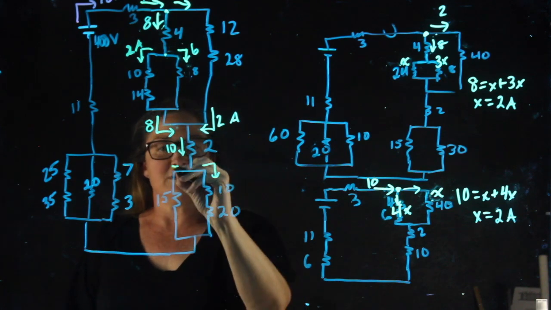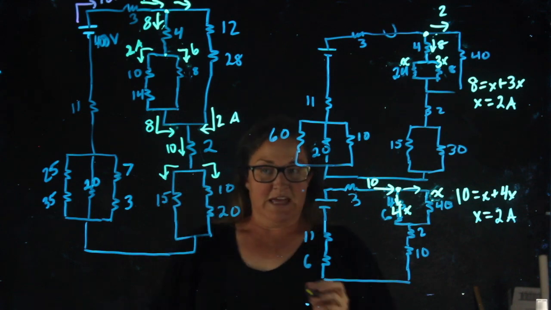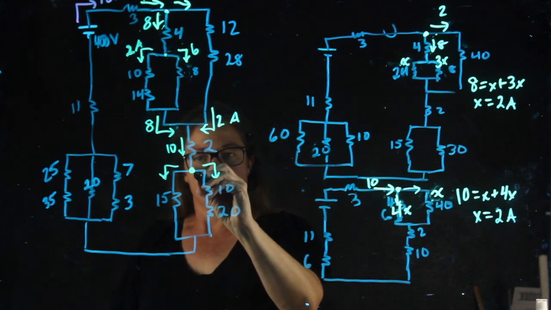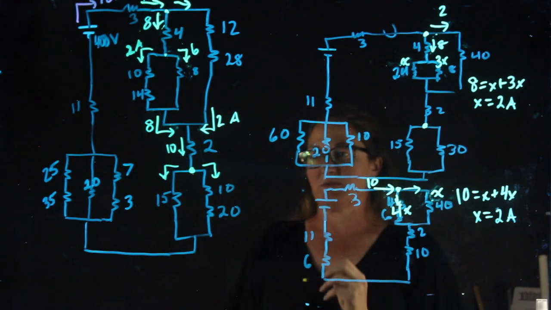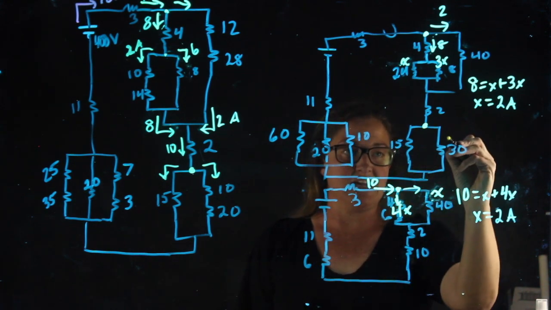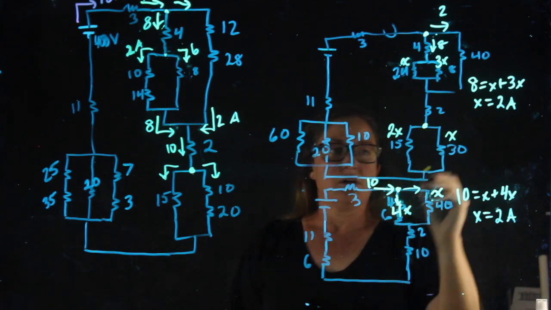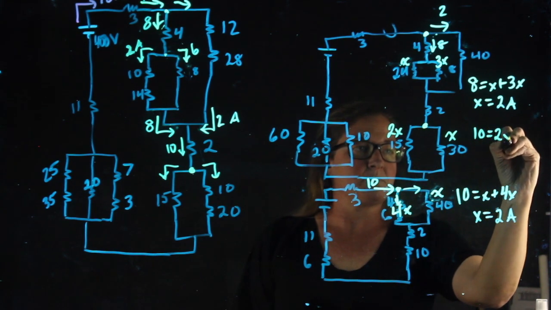And now we're to another split. For looking at this split, I am going to look at this point on the resistor, or on the circuit. These branches are easy to see. This one gets less, this one gets twice as much. 10 amps going in.